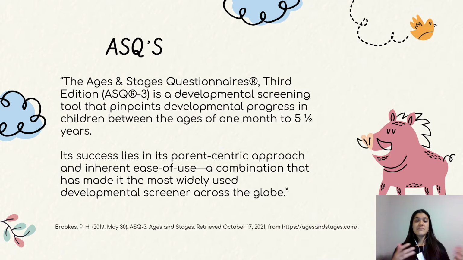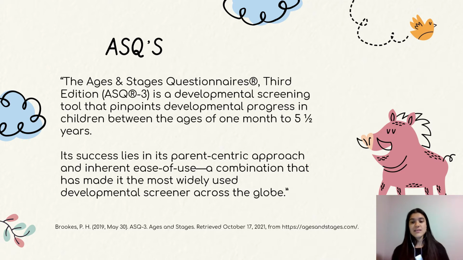It's a developmental screening tool that pinpoints developmental progress in children between the ages of 1 month and 5.5 years old. Its success lies in its parent-centric approach and inherent ease of use, a combination that has made it the most widely used developmental screening across the globe.